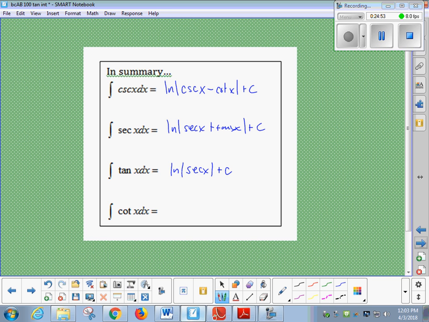It's really negative log of cosine, but that's usually cleaned up. And cotangent is cosine over sine. It does not involve a negative, so it's just log of sine. You eventually want to get those into your memory. That's more clear than the other one. Why not just leave it as this?